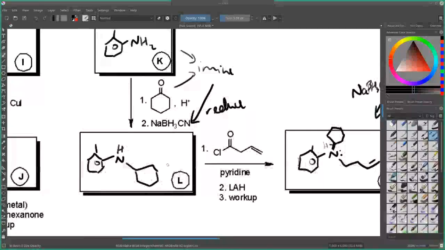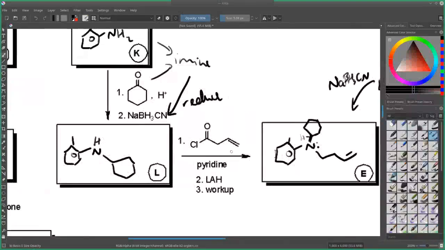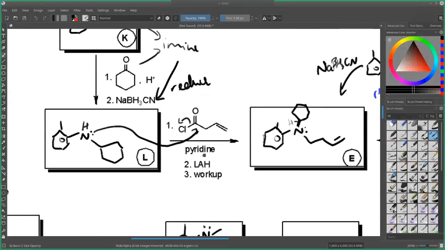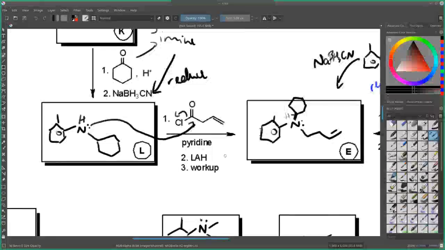And maybe let's just double check that these two pathways come together in the right way. So we would expect that this nitrogen would attack here and pop that chlorine off, okay? And then from there, you do lithium aluminum hydride, so you reduce it, and then you do acid workup.